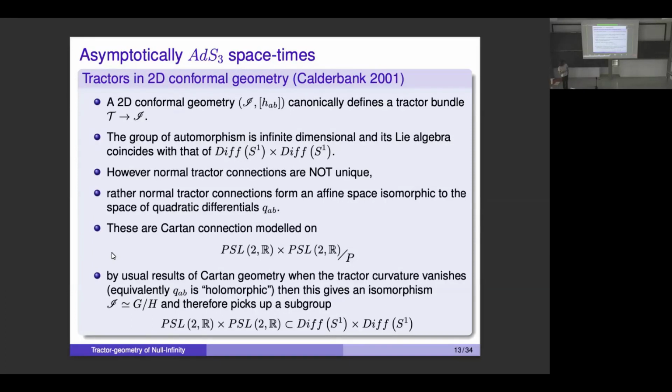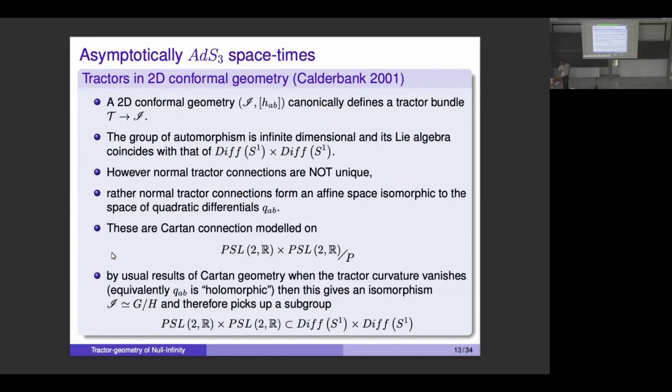But the way to say it here is that this CAB, this QAB, is a component of an invariant object. This is the connection. Let me just say this. Suppose I give you some QAB, some CAB.